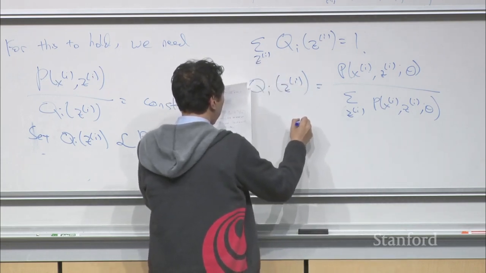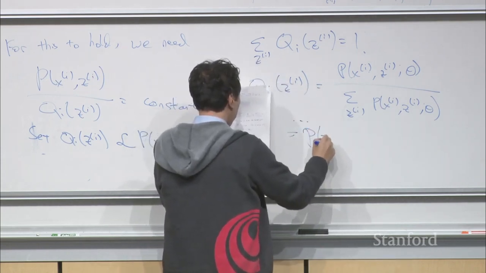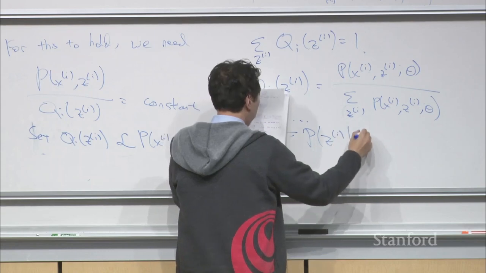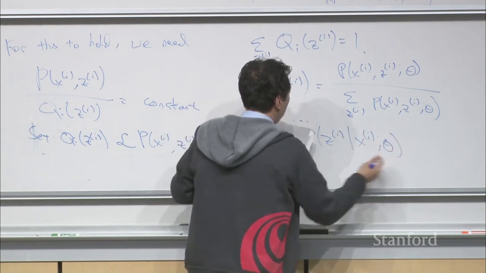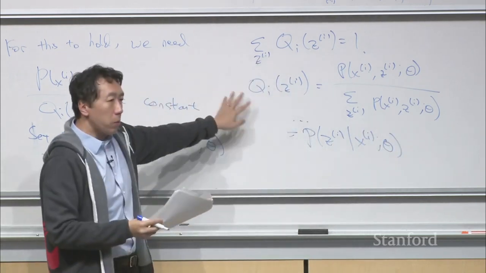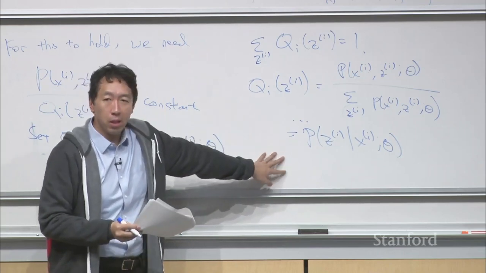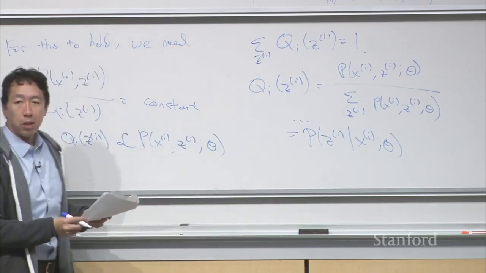After a couple of steps that are in the lecture notes, but I don't want to do here, you can show that this results in setting qi of zi to be equal to that posterior probability.